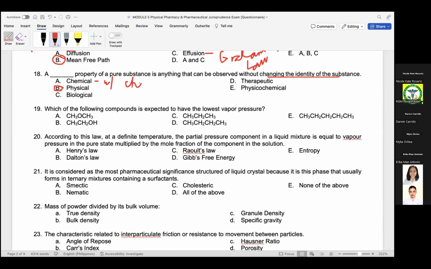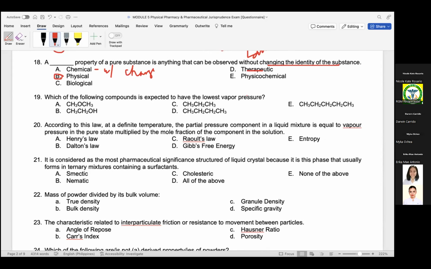Pag biological naman, we're talking about the biological effect. If we're talking about drug, the pharmacological effect. Ayan, and or therapeutic effect. Physicochemical property, no, because this is a combination of physical and chemical properties. We're only referring to without change in the identity of the substance. So that's purely physical. 18 is letter B.